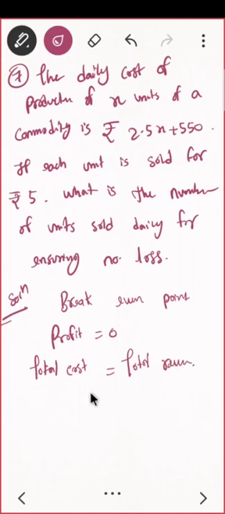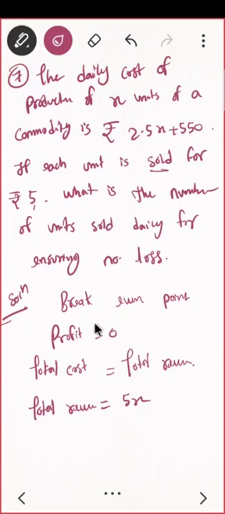Correct? And what is total revenue? Each unit is sold with 5 rupees and x is the number of units. So total revenue क्या आएगा? It will be 5x. And cost function तो पहले से ही दिया है. The daily cost.